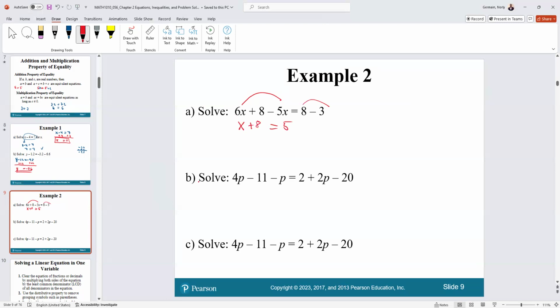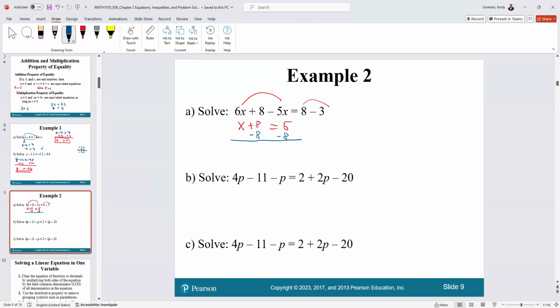Now, because we have 8 on the left and we need to have only the variable x on the left, we need to get rid of 8. How to get rid of it? Because we had plus 8, the only way to eliminate plus 8 is to subtract 8. So whatever you do on the left, you must also do on the right, so as not to change anything in your equation.